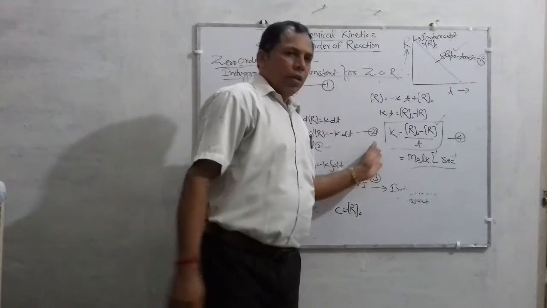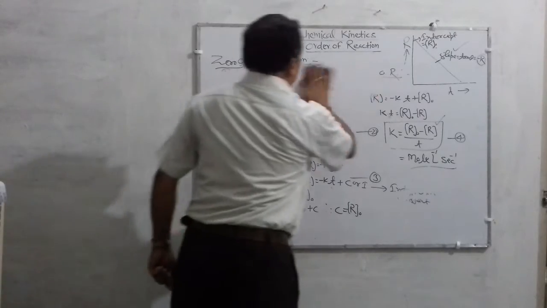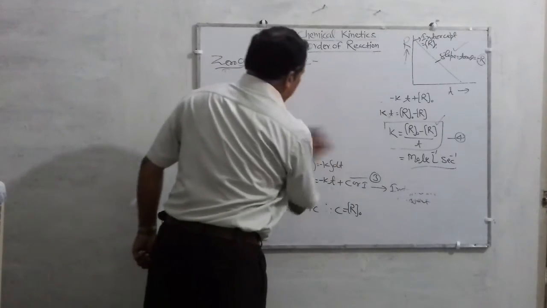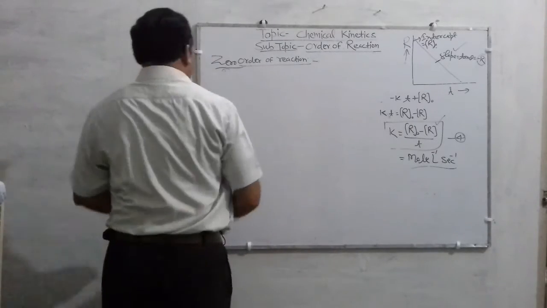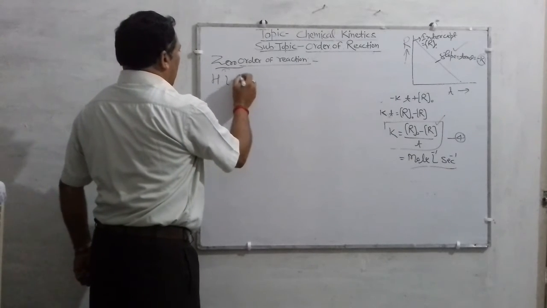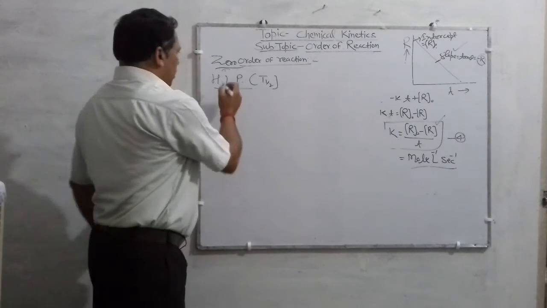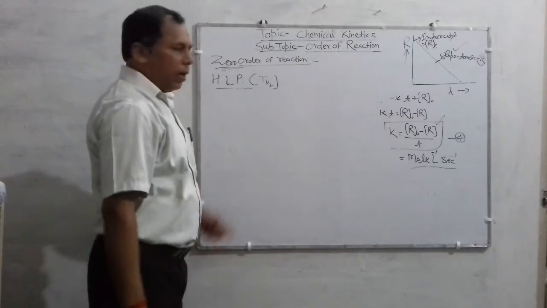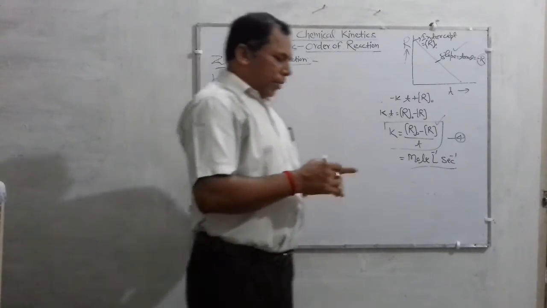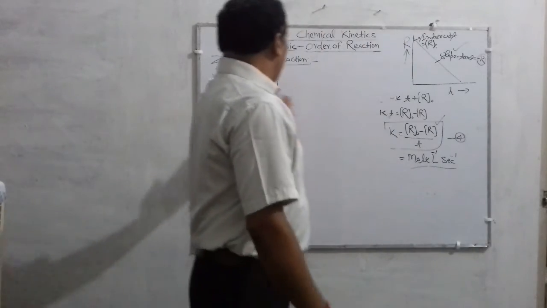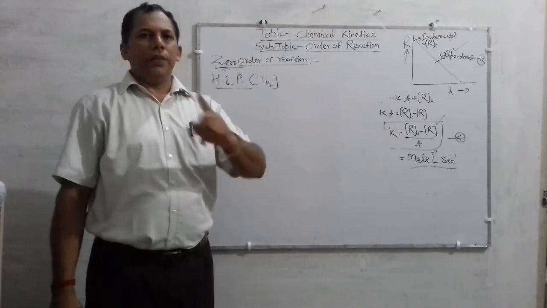Now children, how is this expression 4 related with half-life period or half-life time? So just see it. Relation of zero order reaction with half-life time or half-life period. Students, you know what half-life period is. HLP stands for half-life period. Half-life time is denoted by T half, and it is defined as the time in which the concentration of the reactant becomes half of its initial concentration.